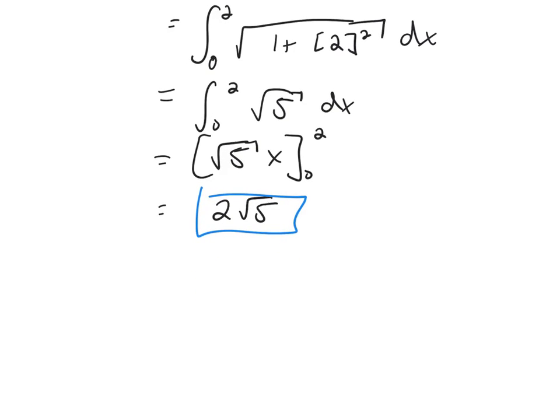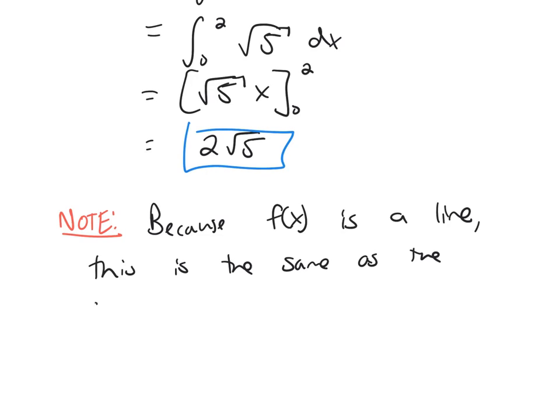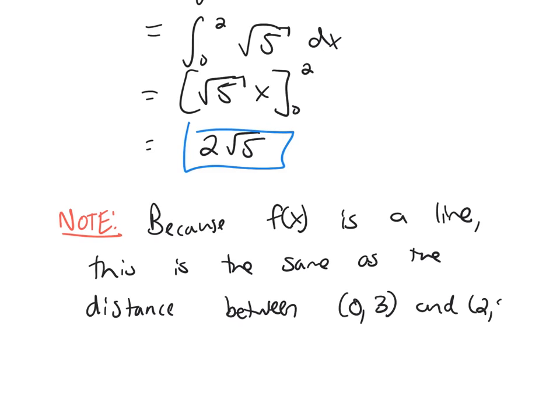Now I do want to make one note here. Because f of x is a line, this is the same as the distance between our 2 points, (0, 3) and (2, 7).